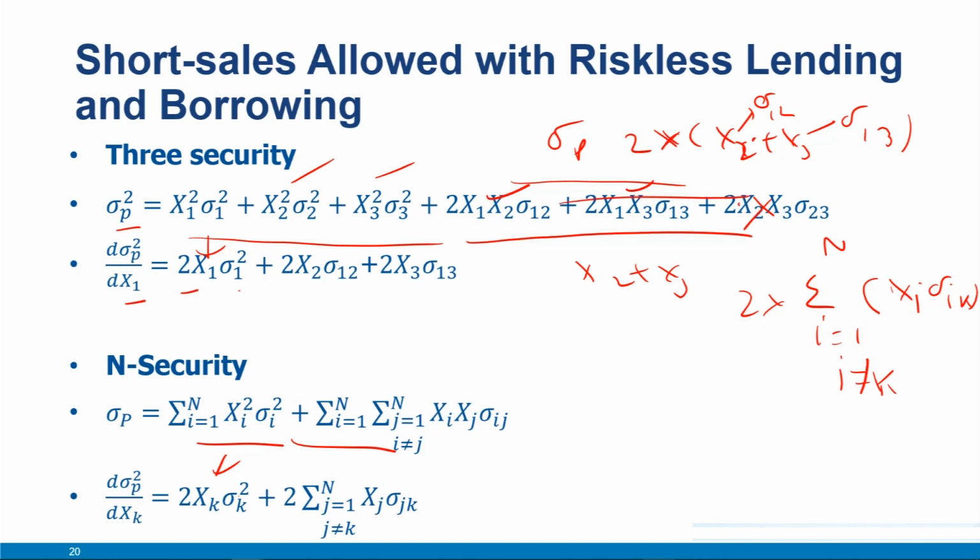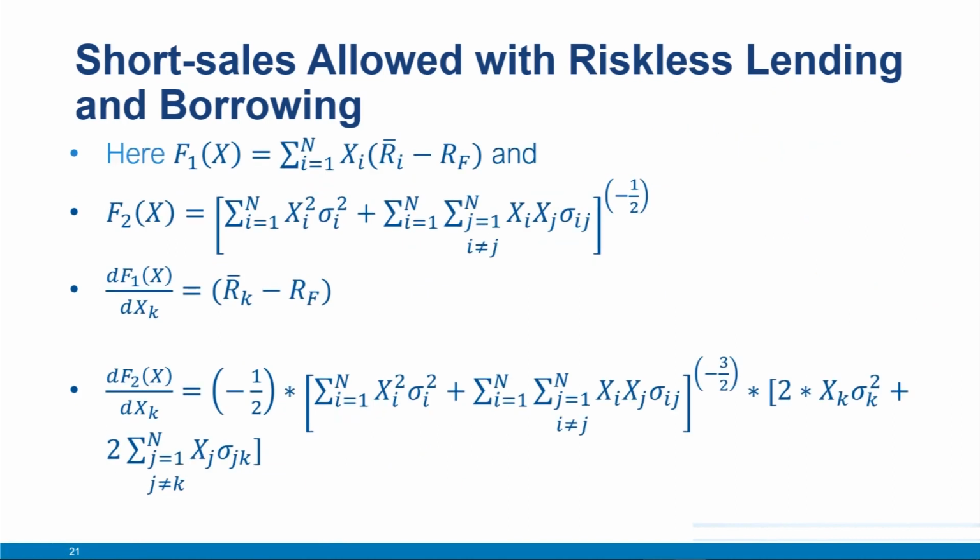In the cross terms, with n terms we'll end up with n minus 1 terms. Why n minus 1? Because the one term where j is equal to k will not be there. So this is only true for j not equal to k, and we end up with the expression. So this is also solved now. Ultimately, our two expressions, we started with f1(x) equal to this and f2(x) equal to this.